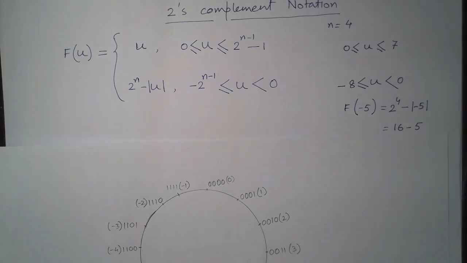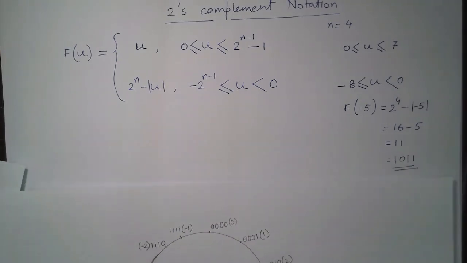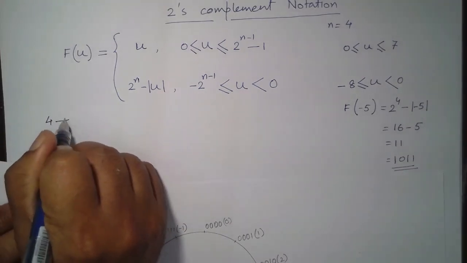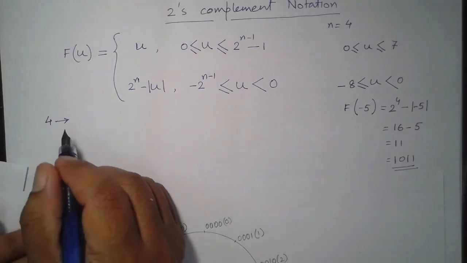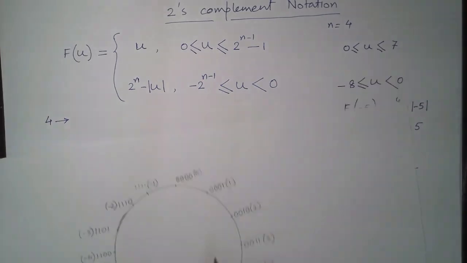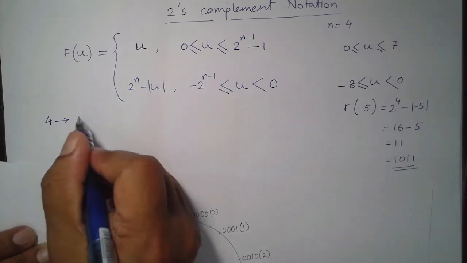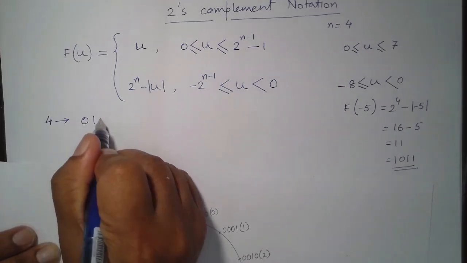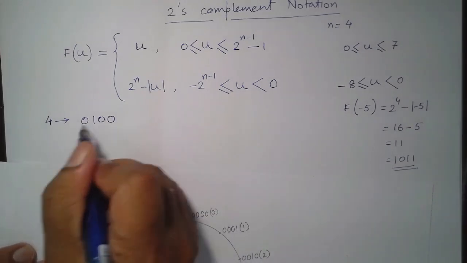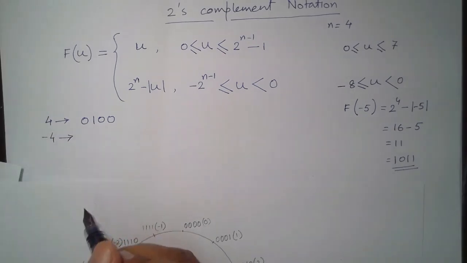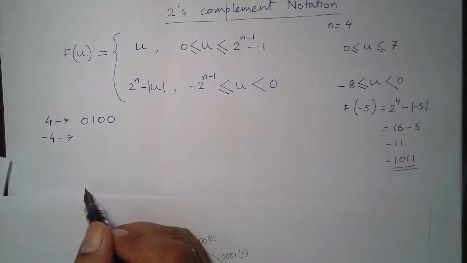So we can look at some more examples. So for example, plus 4 in this 2's complement method will be represented by the 4-bit representation of plus 4, which is 0 1 0 0. If I want to look at the representation of minus 4, how will it be?